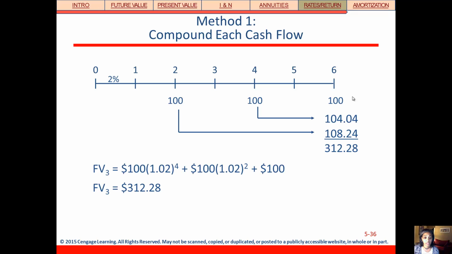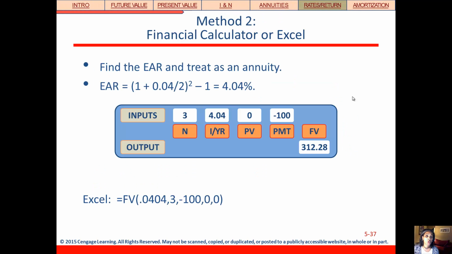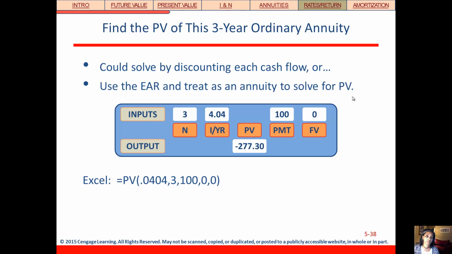So our result would be $312.28. Or in our calculator, N is going to be equal to 3, and for our interest rate, we use the EAR. And present value is 0, payment is negative 100, and compute future value. And then this is just the same way in reverse, solving for the present value.